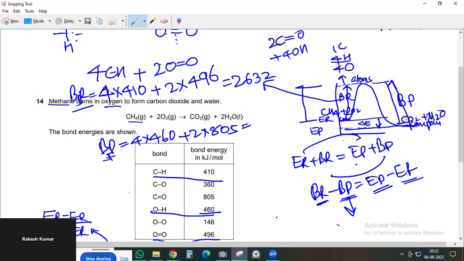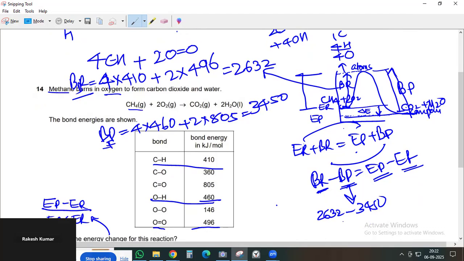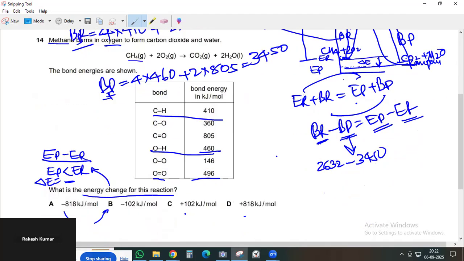This is 3450. Now that means you have to do 2632 minus 3450, and the answer is minus 818. So this is the answer.